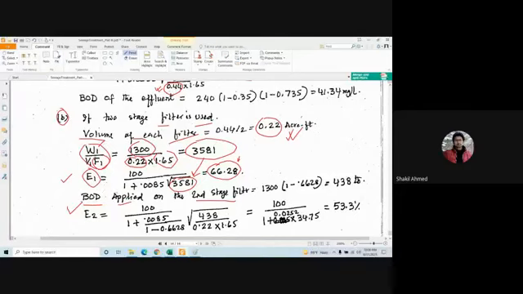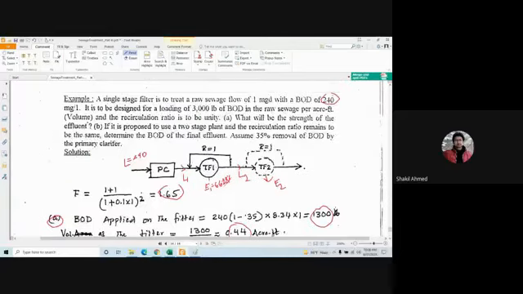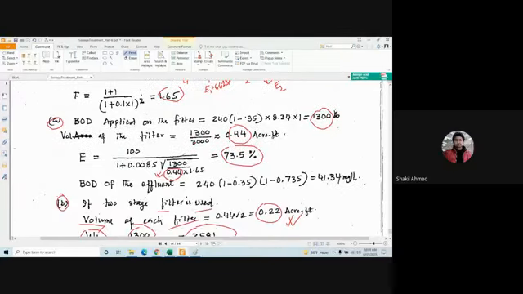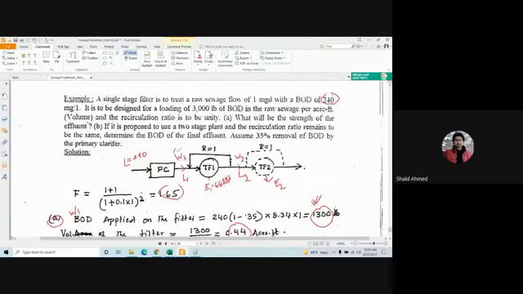Now the BOD load applied on the second stage filter. This is L2 concentration, and say this is W1 and this is W2, the load in trickling filter 1, W1, and the load in trickling filter 2, W2. W1 we just calculated, this is 1300. So what will be W2? Easy.